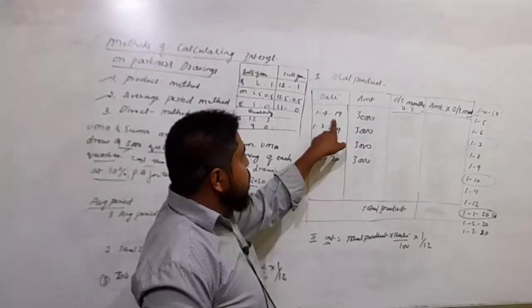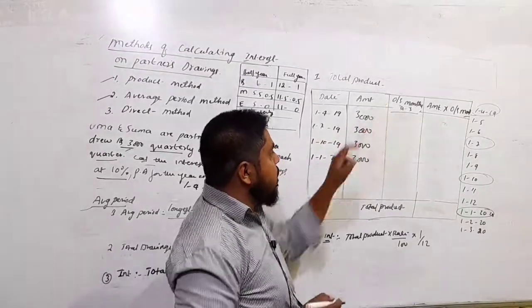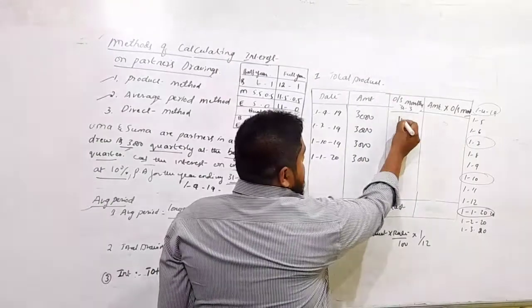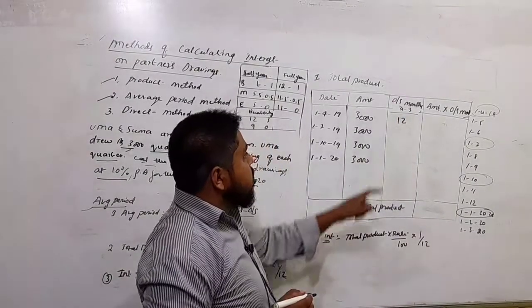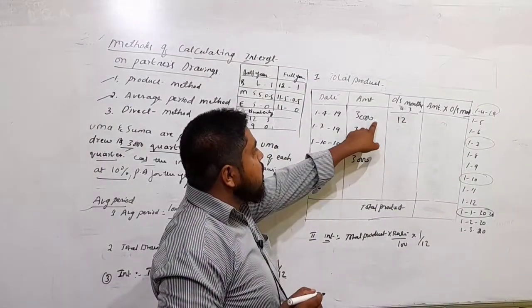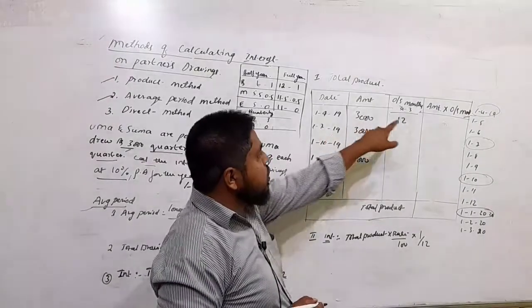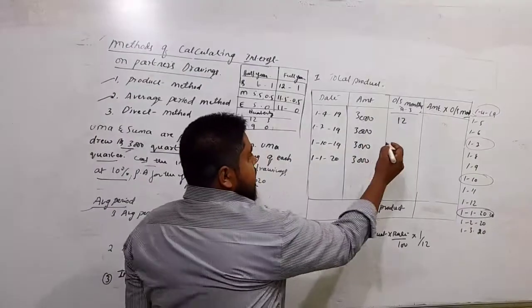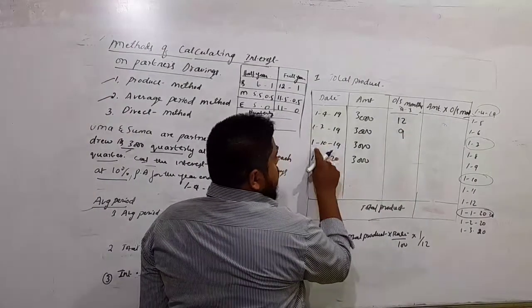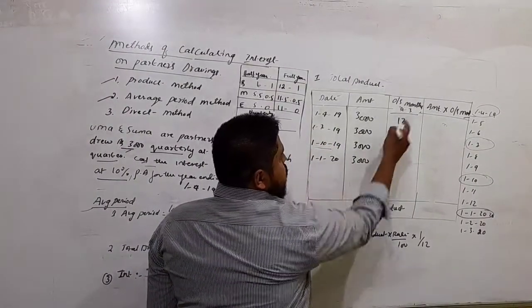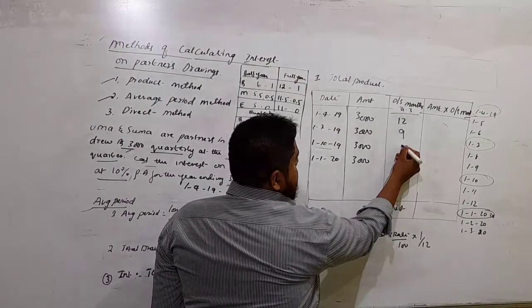Now 1/4/2019 to 31st March, outstanding months are 12. So first she has used 3,000 for 12 months. Next, again 1/7 to 31st March, how many months will you get? 9. Next 1/10 to 31st March, 6.